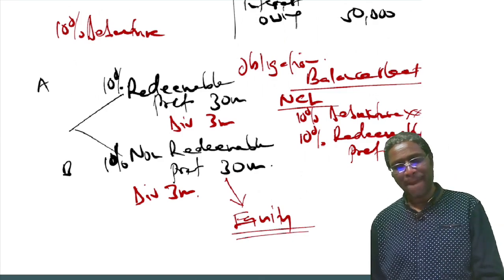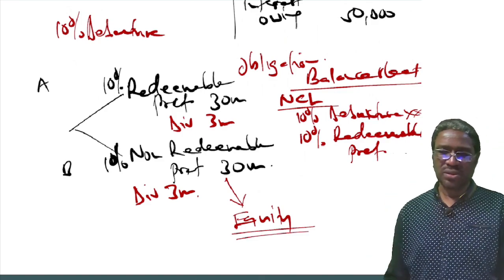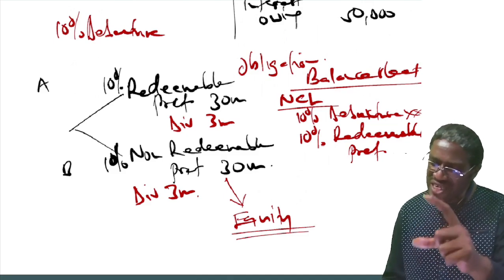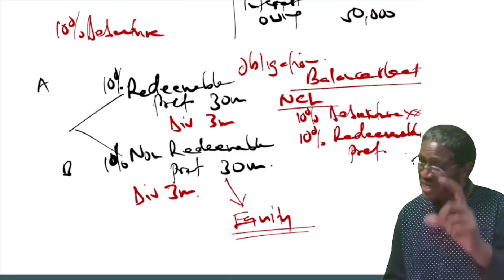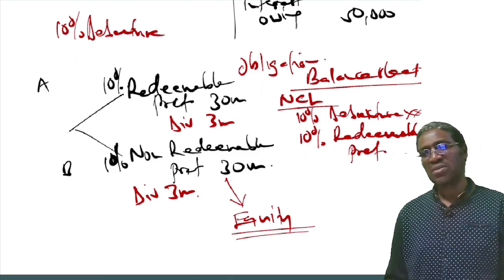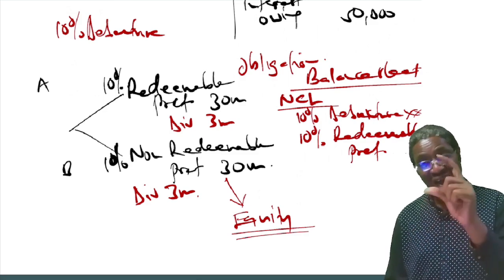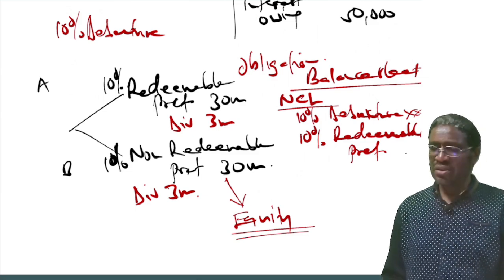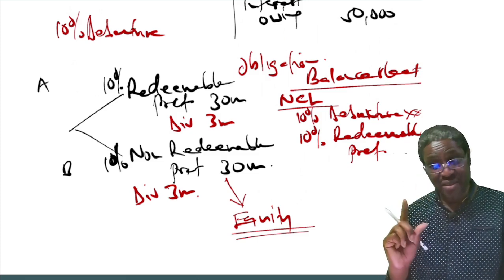Now listen. The question again is this. These two companies, will they treat their dividend the same way? The answer is no. Listen, the answer is no. For company A, don't forget, for them it's a liability.